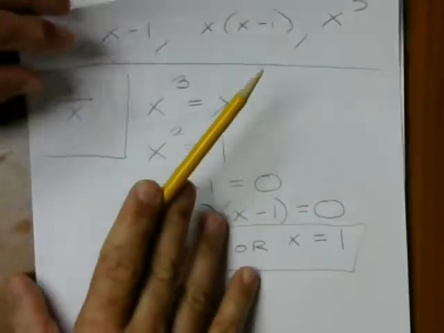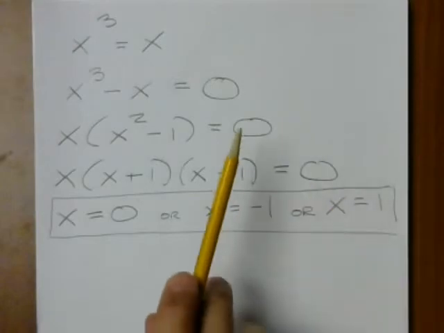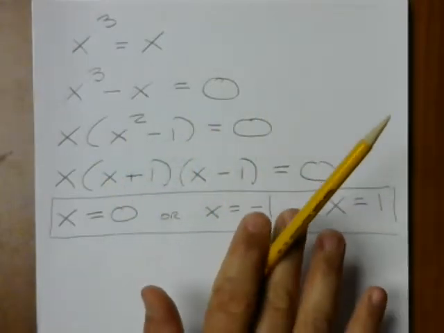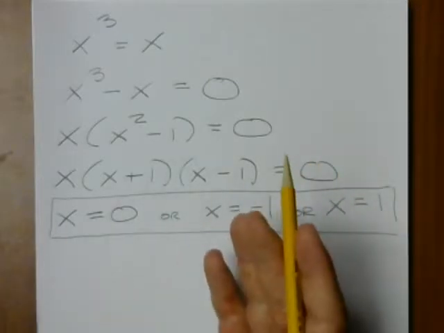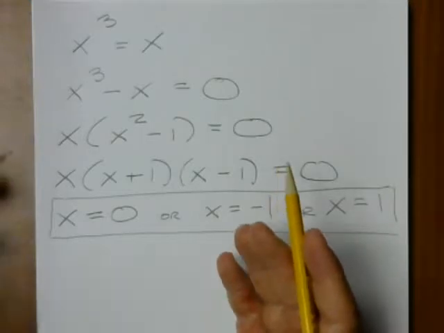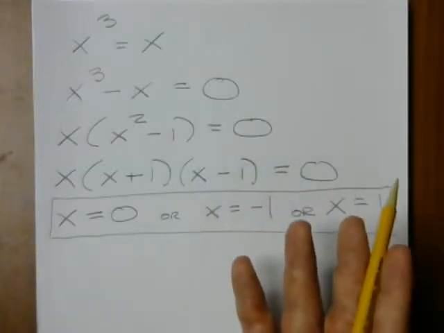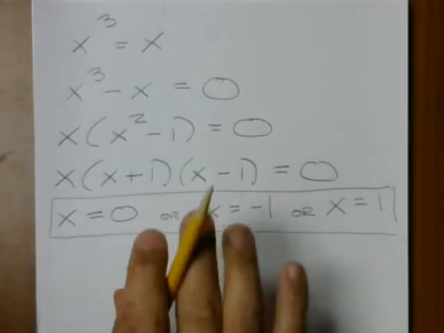How did we do it correctly this second time? Well, we didn't divide at all. What we did is we just factored. And it's always safer not to divide by something with a variable in it. Because if you divide, say, by x minus 1, and 1 is a solution, well, you've just erased that solution, or possibly erased that solution. If you divide by x minus 5, and 5 is a solution, you've just erased that solution.